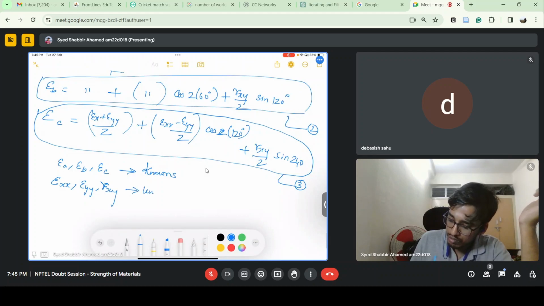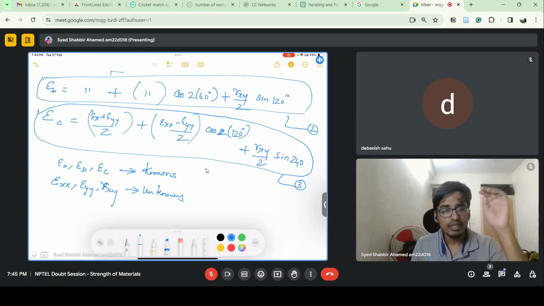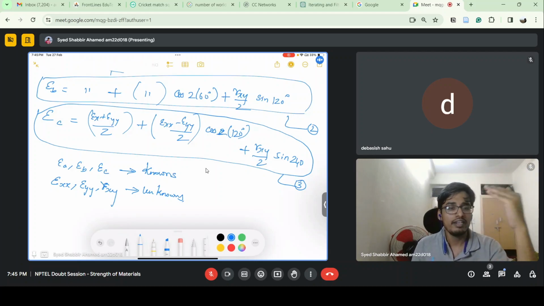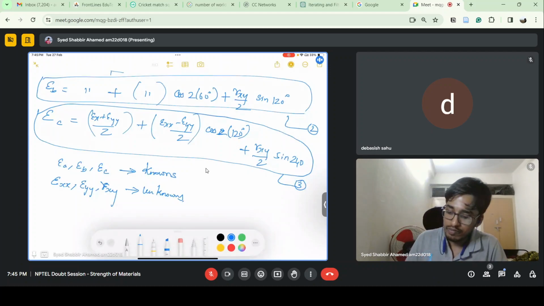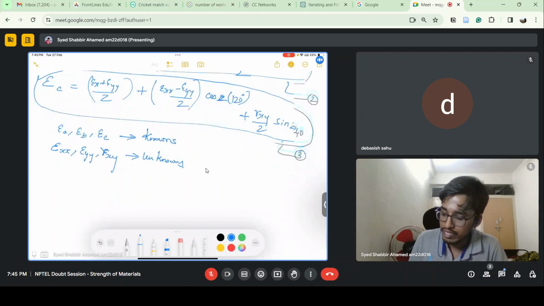These are the unknowns. So we have three equations and three unknowns. If we substitute the values of epsilon A, epsilon B, and epsilon C and simplify, we can find epsilon xx, epsilon yy, and gamma xy.